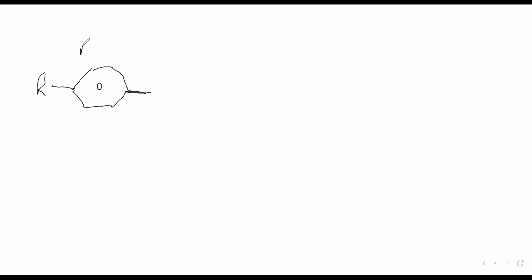But this is the benzylic oxidation. And so what we do is we take that carbon here and we hydroxylate it. So this can go through two stages. You don't have to do both if you don't want, but you can either do an OH, or if you were to do both oxidation steps, you'll get a carboxylic acid.